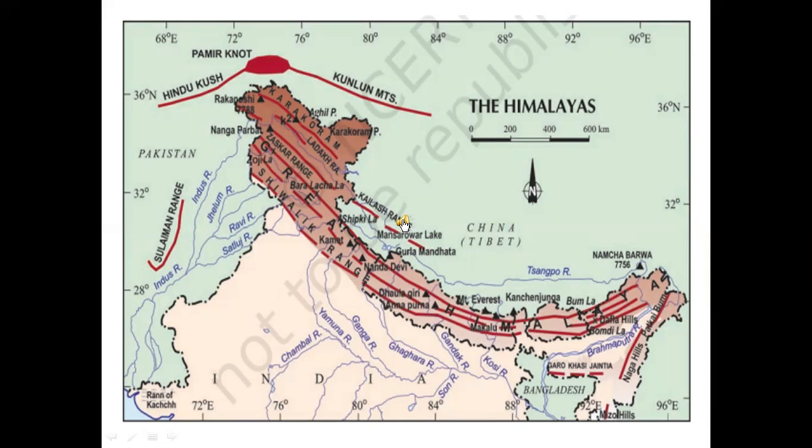This is the Himadri range, which starts from the northwestern part of our country and goes towards the east, and it is the most continuous range consisting of the loftiest peaks with an average height of 6,000 meters.